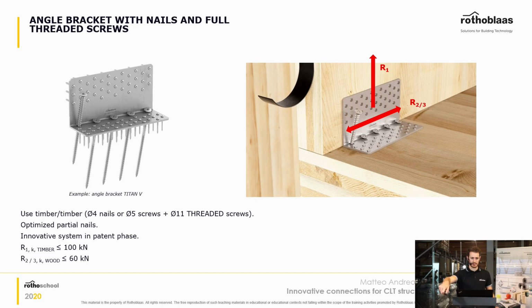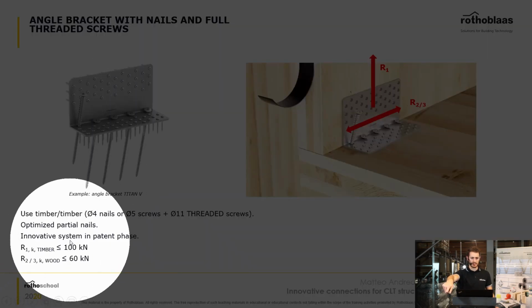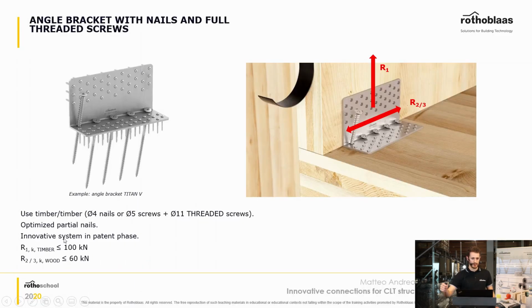In fact, it's stunning the resistance that you get with these connectors, and it is roughly 100 kilonewton of tension. So that's really a lot. That's actually more than what you achieve with the standard very long connectors like the WHD that we provide as well.